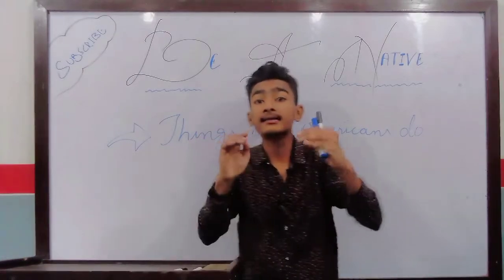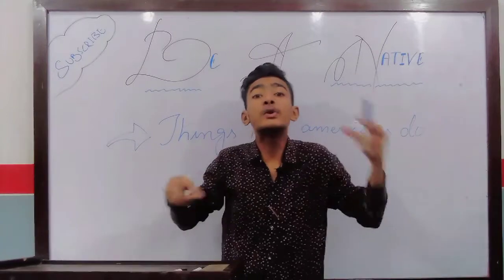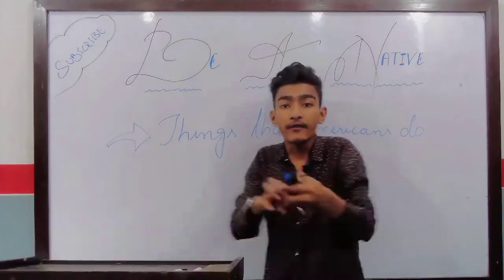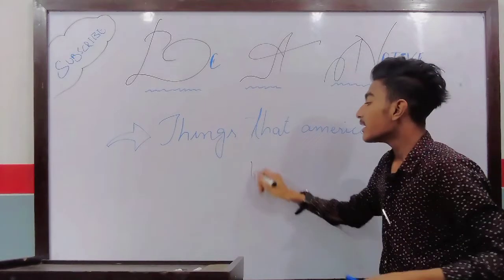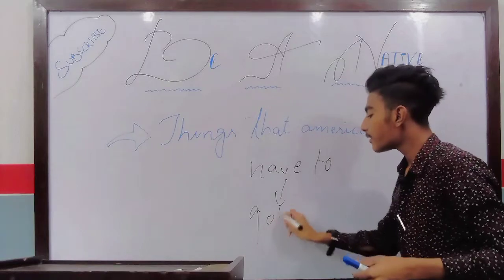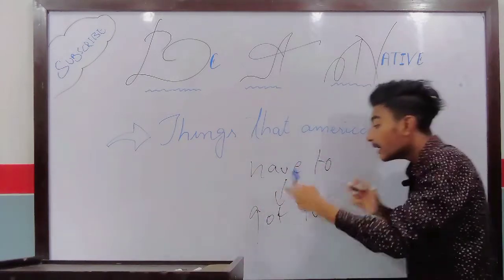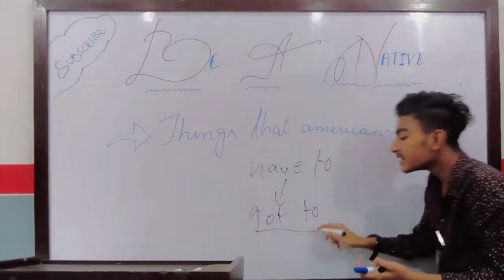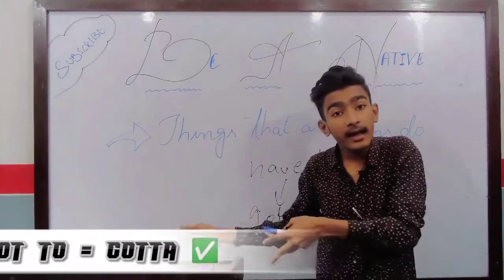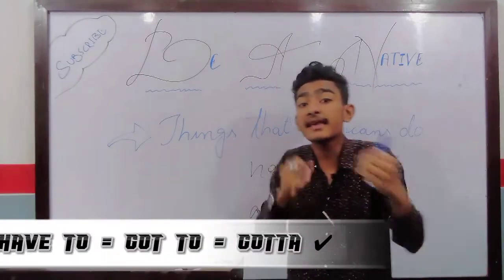But to make your order stronger, you can place got to instead of have to. That's a stronger order, and instead of using got to, you can contract it, and it'll sound like gotta.